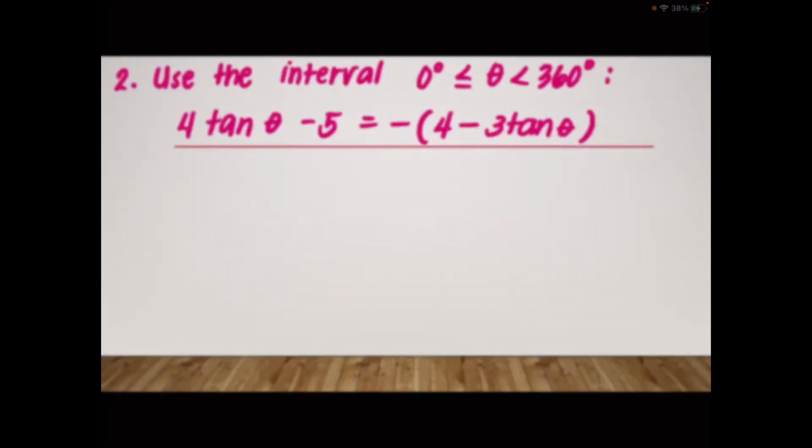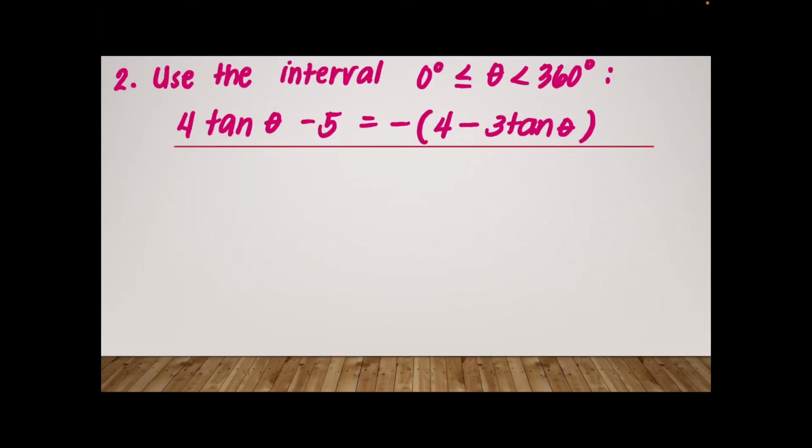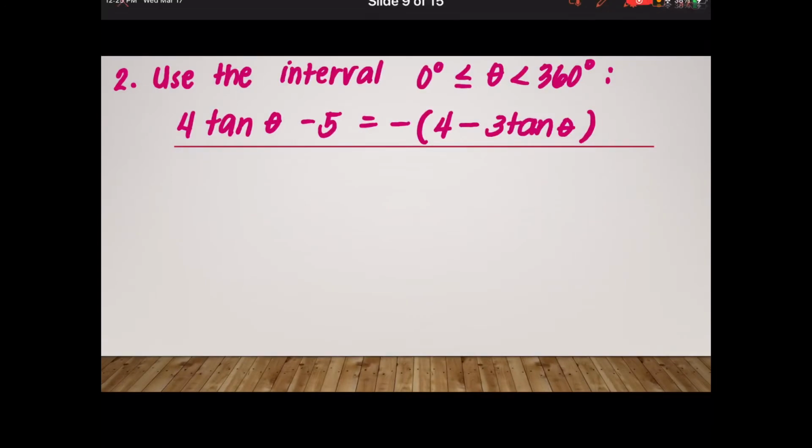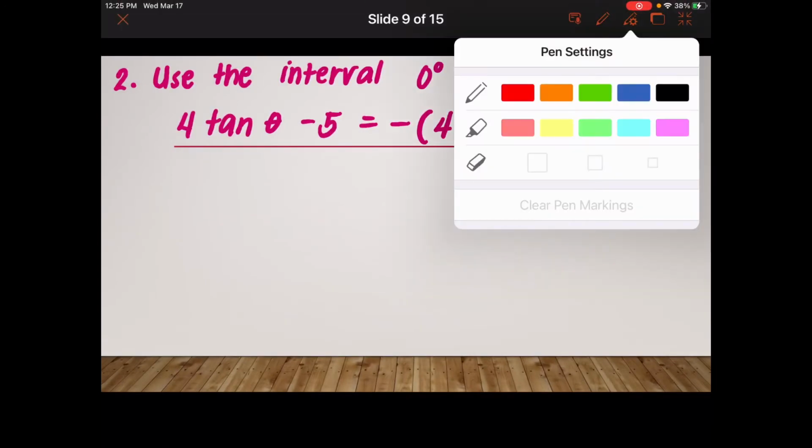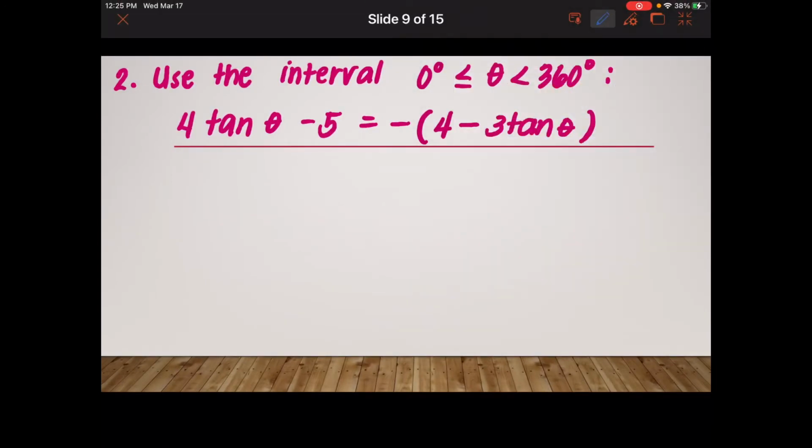Here we simplify our equation first. So I'll have tangent theta minus 5 is equal to negative 4, and then negative times negative is positive, so positive 3 tangent theta.